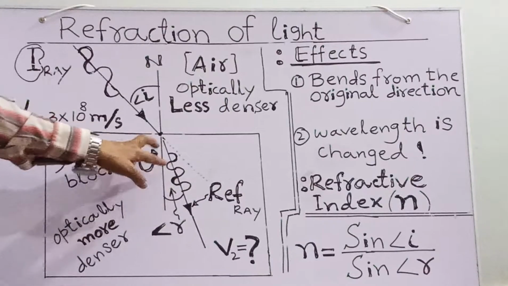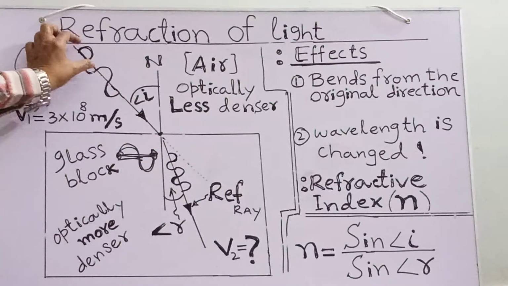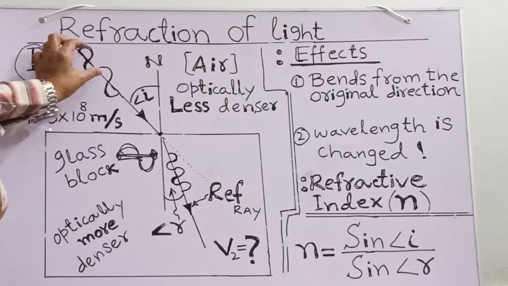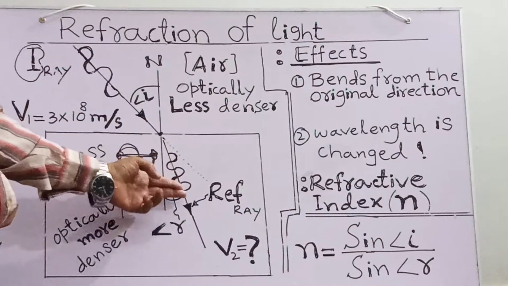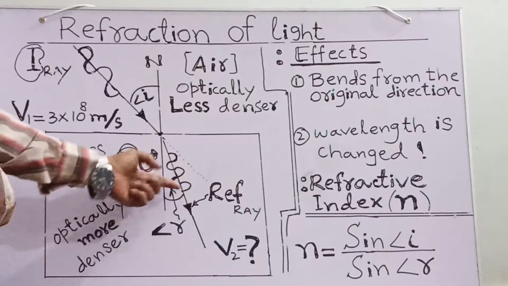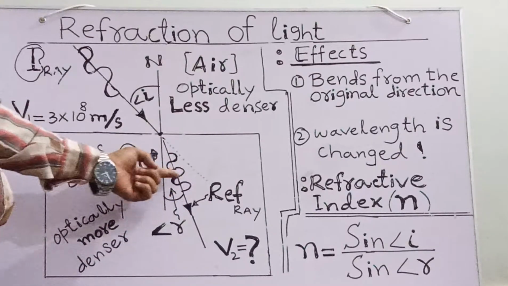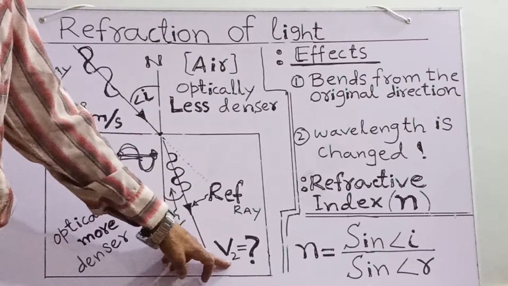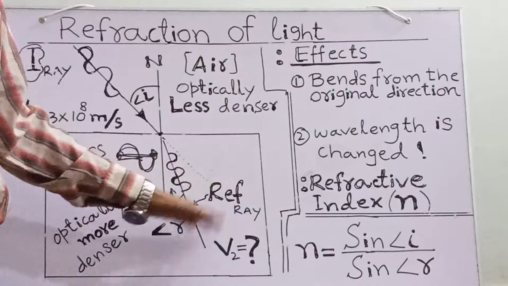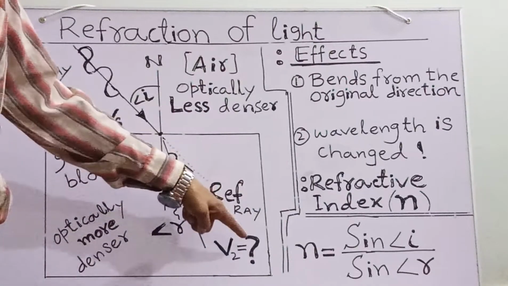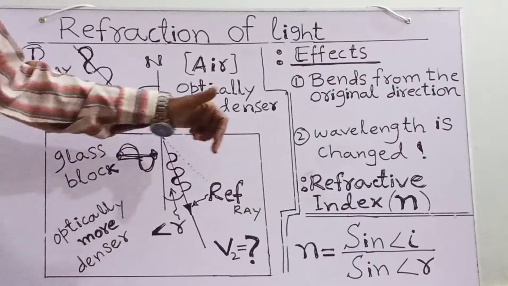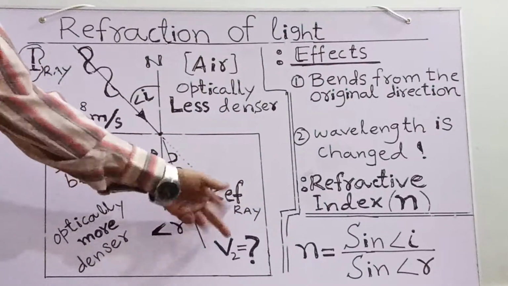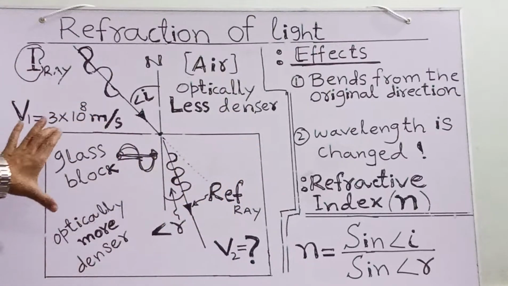It must be kept in mind, because here the waves are longer, they travel a larger distance, and here the waves are smaller, so they travel a smaller distance, and that's why the speed of light decreases. Now V2 is the speed of light in the second medium. How much would it be? This question mark shows that the speed of light may have any value. It depends upon the density of the medium.